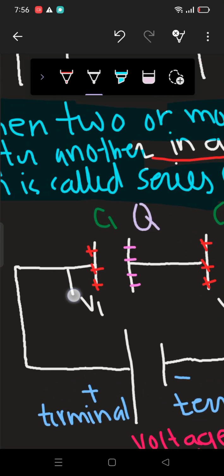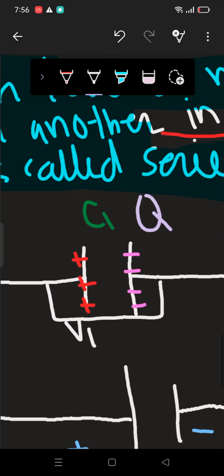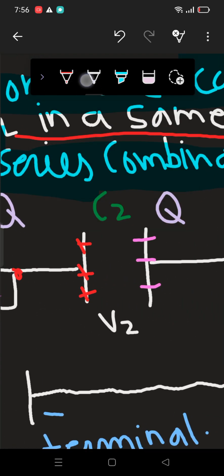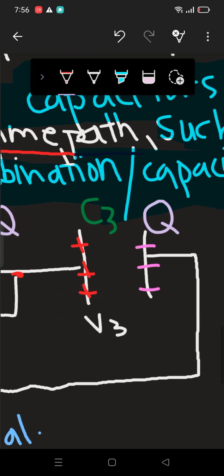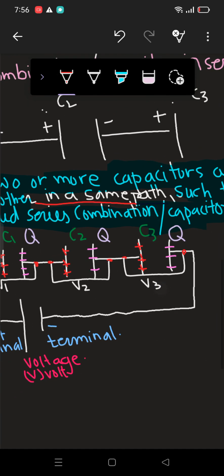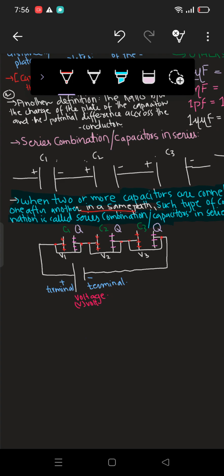Here we have connected the voltage. So this is our diagram.